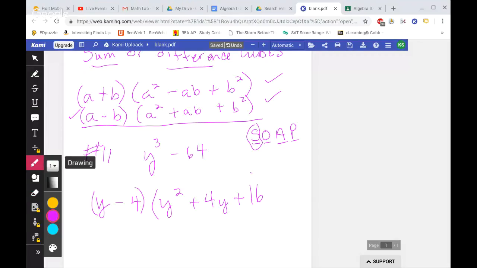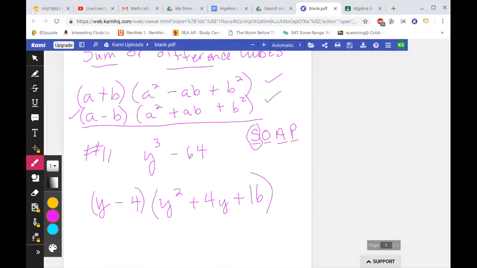All right. So for number 11, knowing the cube root of 64 is 4, what you're going to do is factor it using this pattern, a minus b, because you pick the same operation in the first factor with the cube root of each of them.